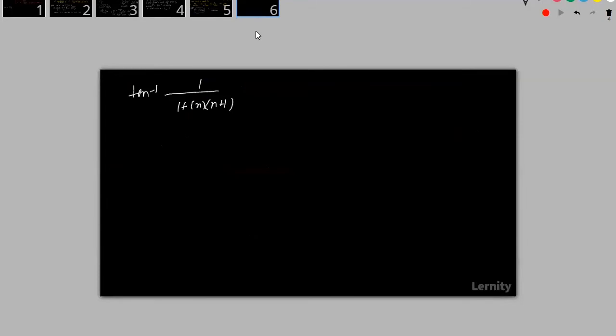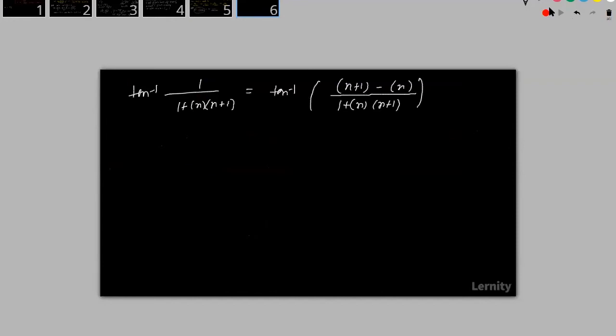So if I write this, it can be rewritten as tan inverse of ((n plus 1) minus n) divided by (1 plus n into (n plus 1)).